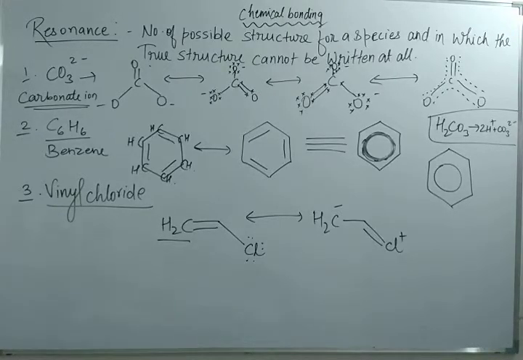Third, the positive charge should reside as far as possible on the less electronegative atom and the negative charge on the more electronegative atom. I am repeating this: the positive charge should reside as far as possible on the less electronegative atom and the negative charge should reside on the more electronegative atom.